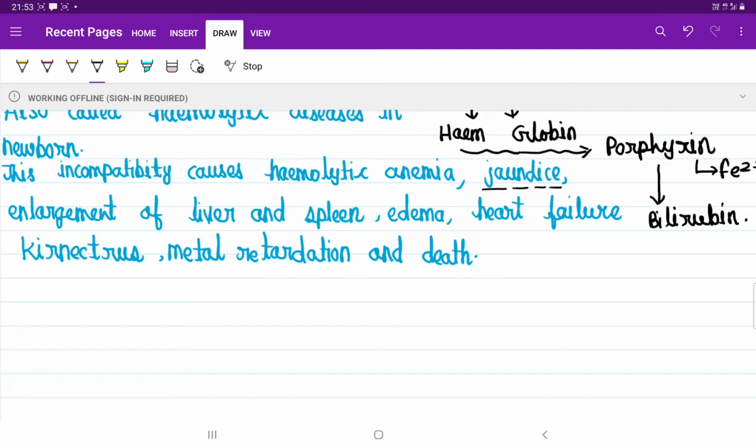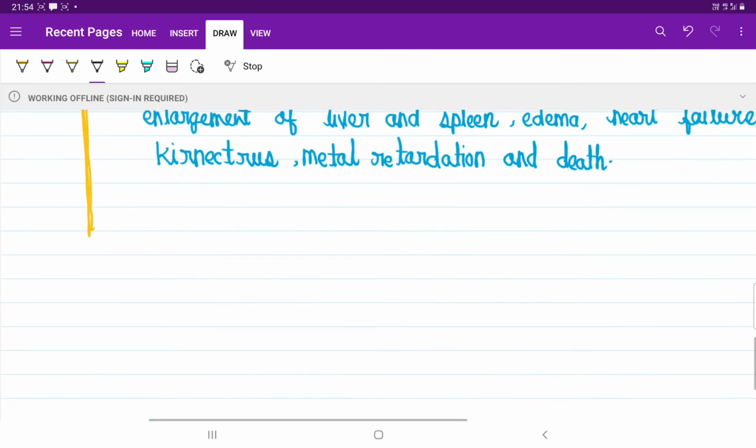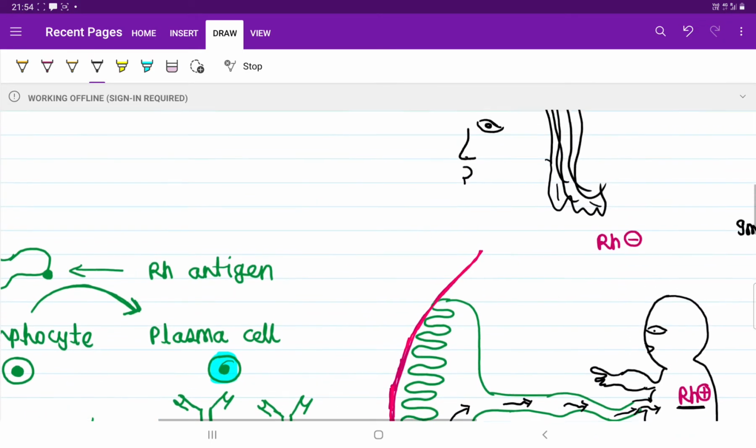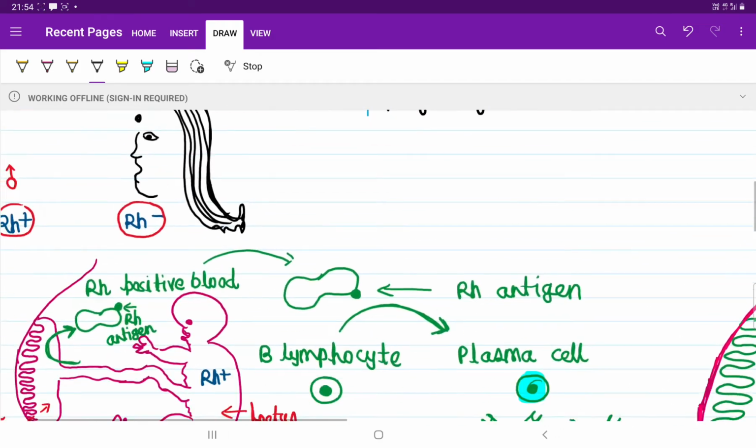Sometimes a lot of bilirubin deposits into the brain, and that causes death even. That causes kernicterus. Kernicterus means deposition of bilirubin in the brain, and it can cause mental retardation and death. So this is what is possible in the case of erythroblastosis foetalis.